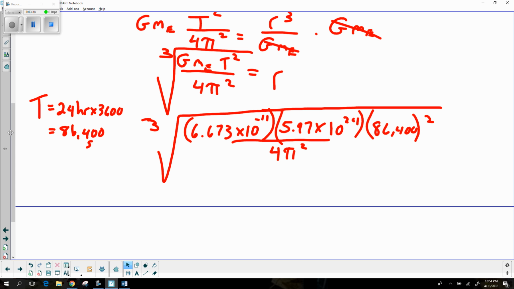If it's scientific notation, if it contains it at all, use parentheses. And then parenthesis 5.97 times 10 to the 24th, end parenthesis, and then parenthesis 86,400 squared. I'm going to get that answer into the calculator. I'm going to leave it there. I'm going to divide it by 4 pi squared.